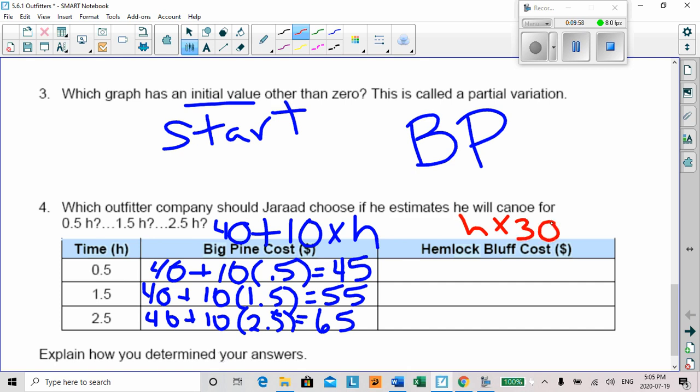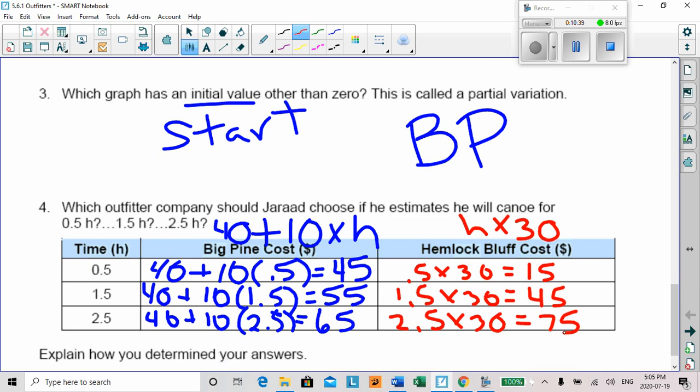So 0.5 times 30 is equal to 15. 1.5 times 30 is equal to 45. 2.5 times 30 is equal to, I have to check, I think it's 75. It is 75.